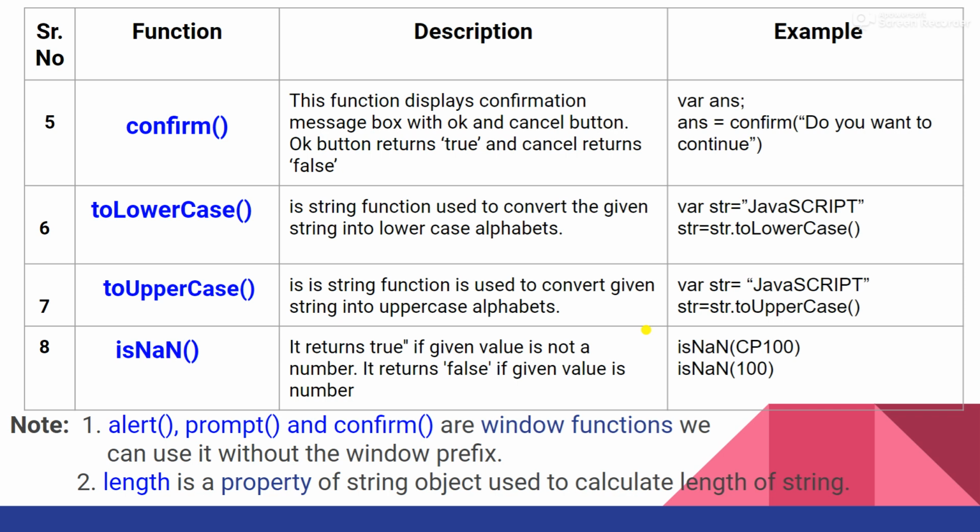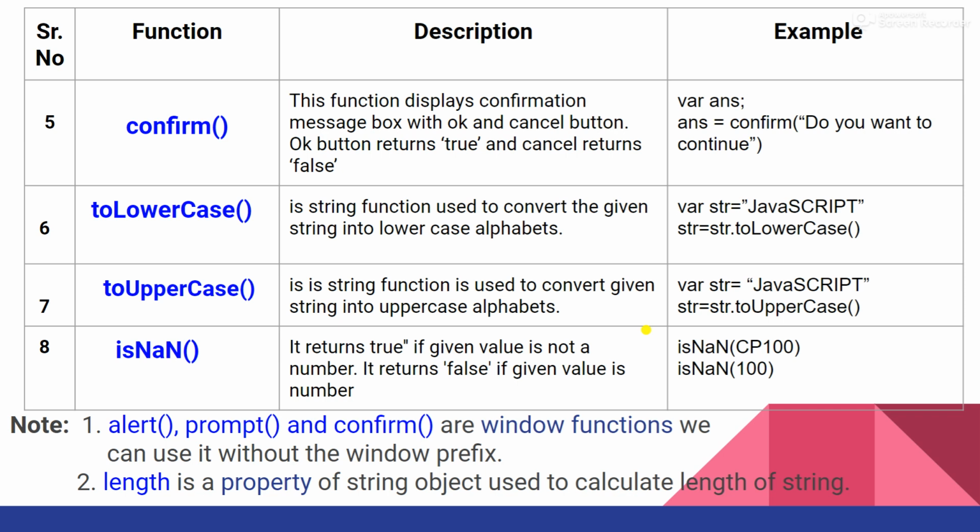If I click on OK and if I print the value of answer, what will be the value? What do you think? We just now saw that there are only two buttons, OK and cancel. If I click on OK, it will return true. If I click on cancel, it will return false. So my question was, when I click on OK, what will be stored in my answer variable? Right, it will store the value true.